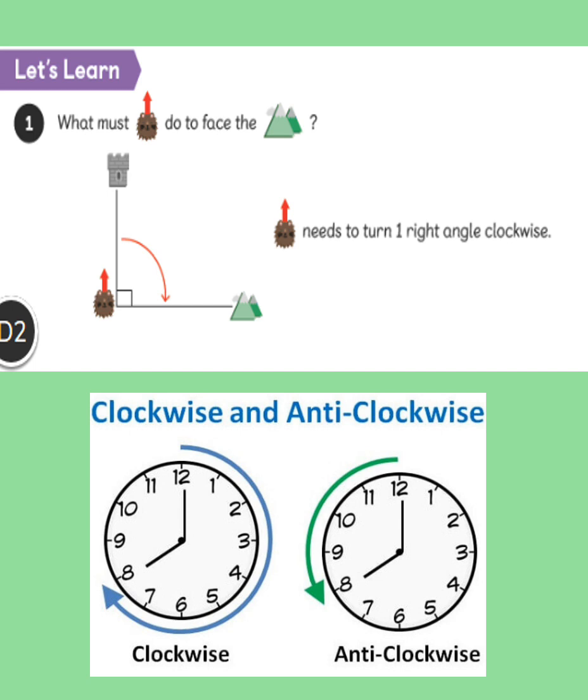Can you recreate the turn Chewy has made? 1 right angle clockwise. The clockwise part shows us which direction he's turned. Clockwise means the same way a minute or hour hand might turn around a clock, and anti-clockwise means the opposite way to how the hands travel around the clock, just as in the diagram.